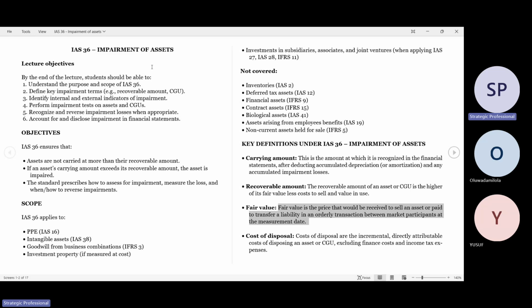The books will tell you either sales or compensation, but never mind about that. The basic concept is that it is the higher of fair value less cost to sell and value in use. If your fair value less cost to sell is 50,000 and your value in use is 40,000, your recoverable amount will therefore be 50,000. That's it.